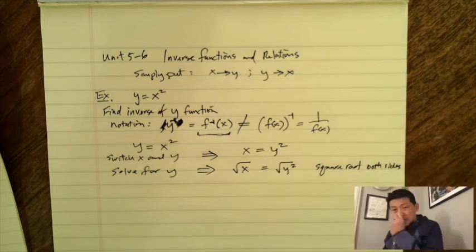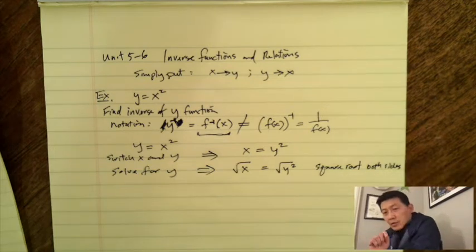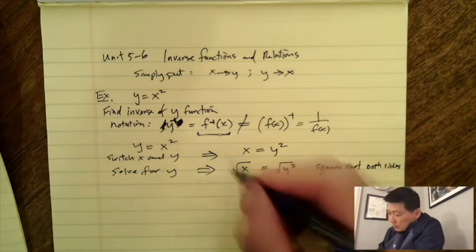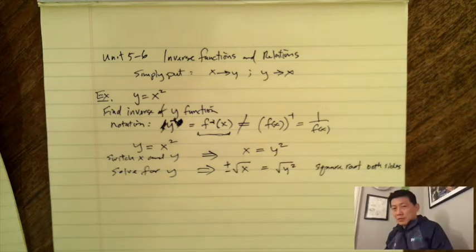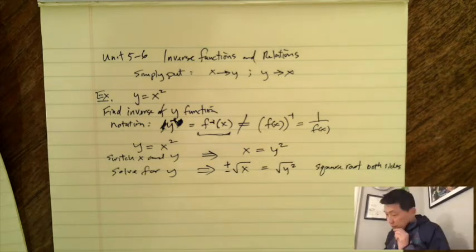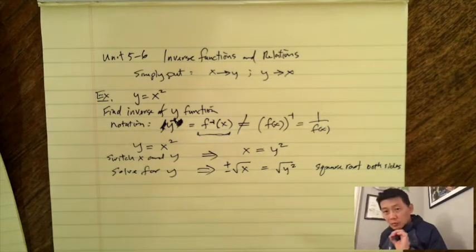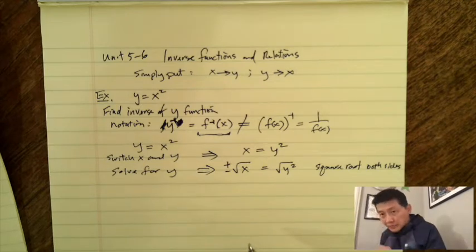But what happens is that when you take the square root of the equation, you want to account for two answers, plus and minus. Got to be very, very careful with that. Whenever you're square rooting both sides of equations, you end up with plus and minus.